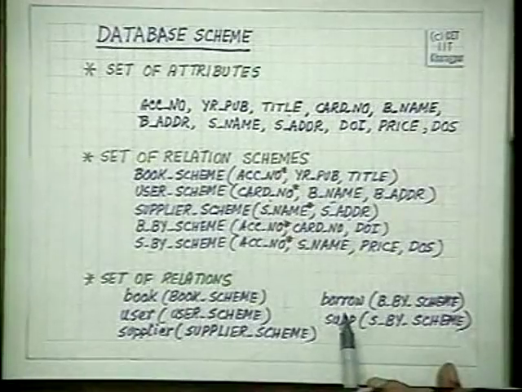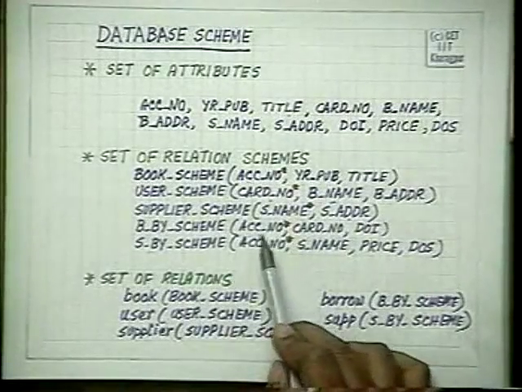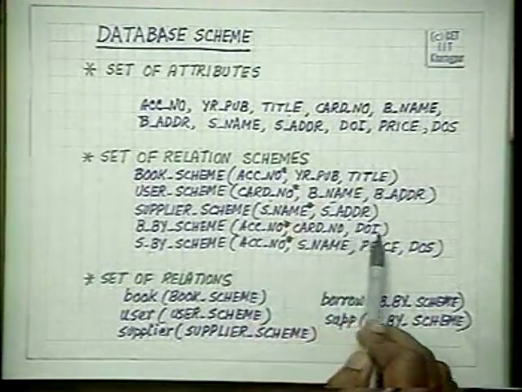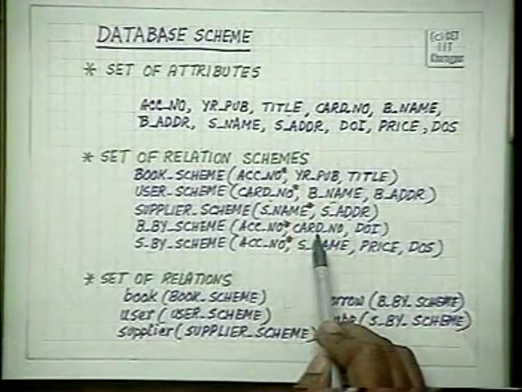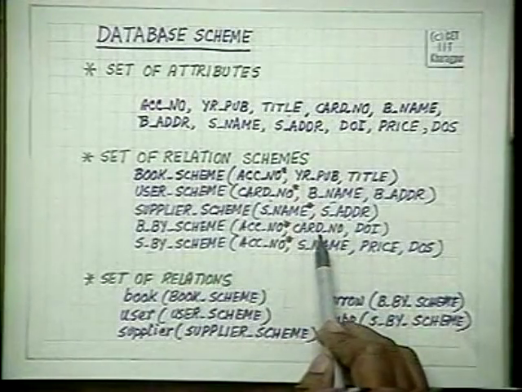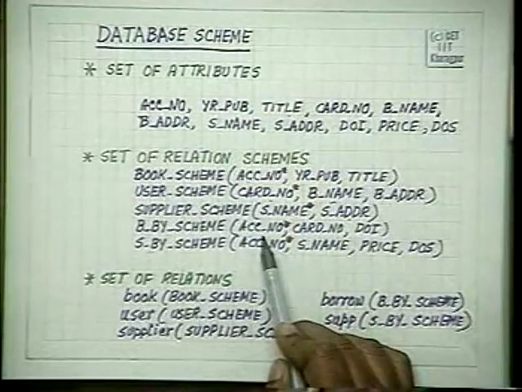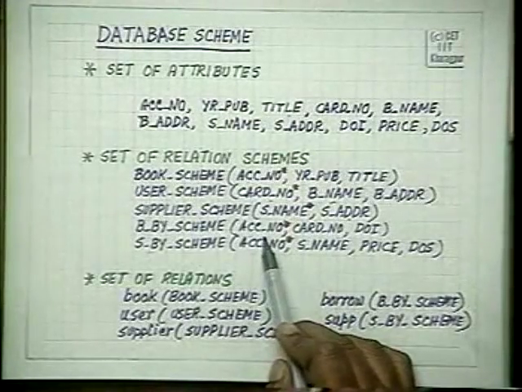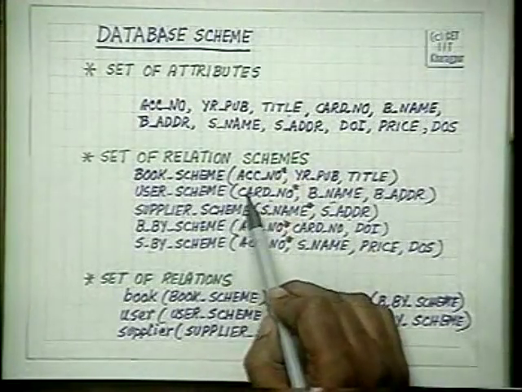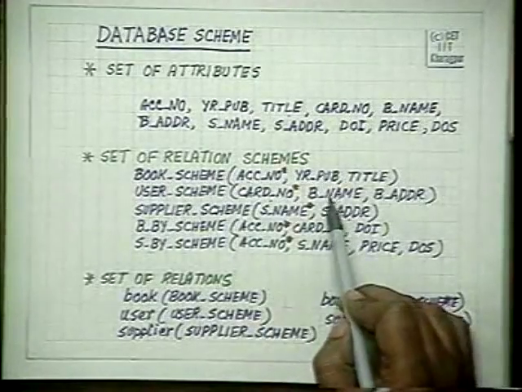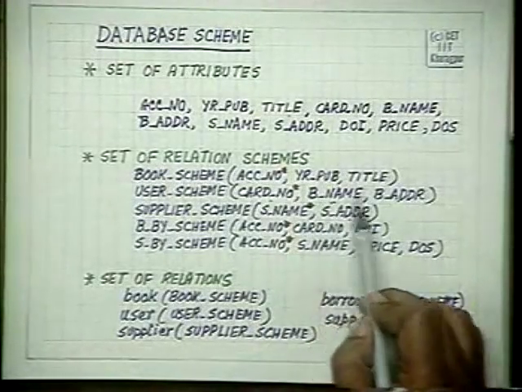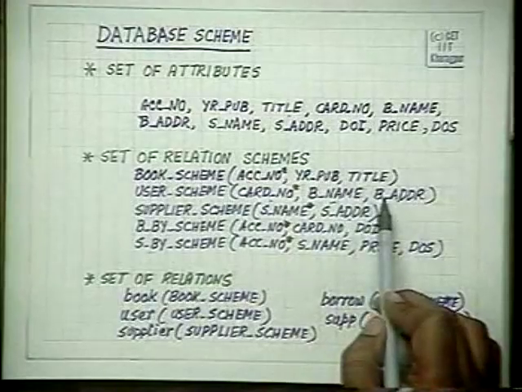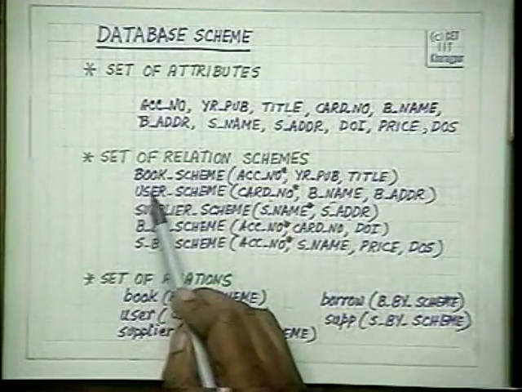In the borrow relation, we will not get Rakesh's name. We will get the card number, and we will get the corresponding accession number of the book. We will get the card number, the name of the person and the address from the user scheme. So we will have to combine these two.